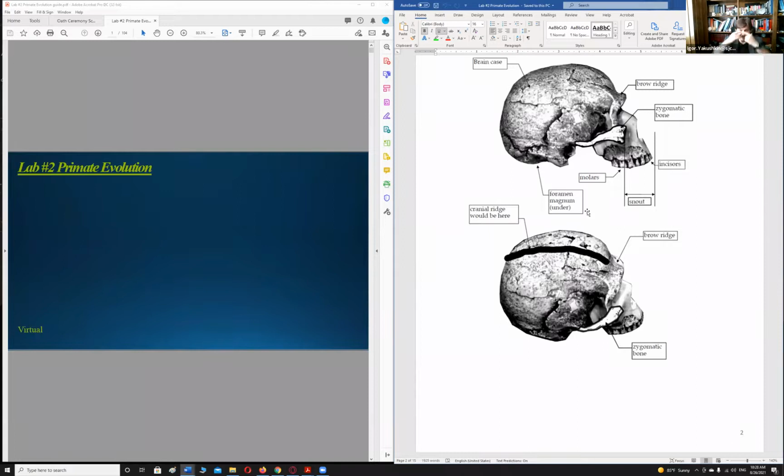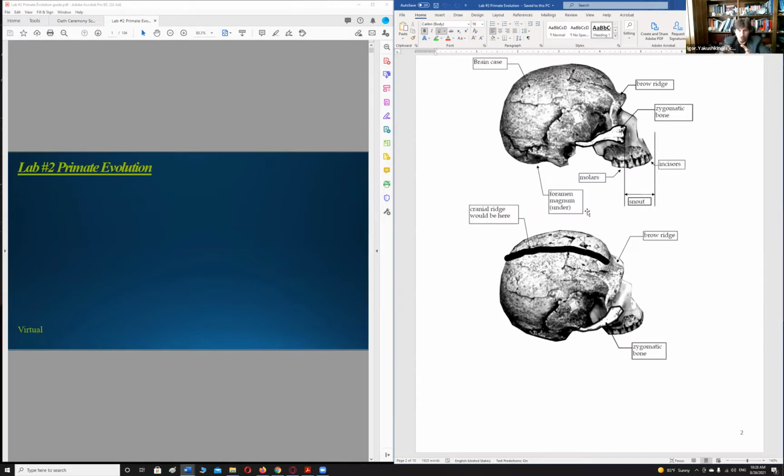First of all is the brow ridge. I'll show you some of the skulls where the brow ridge is very, very prominent. Okay, now there is a sagittal crest. Do humans have a sagittal crest? No. It looks like a mohawk of bone.